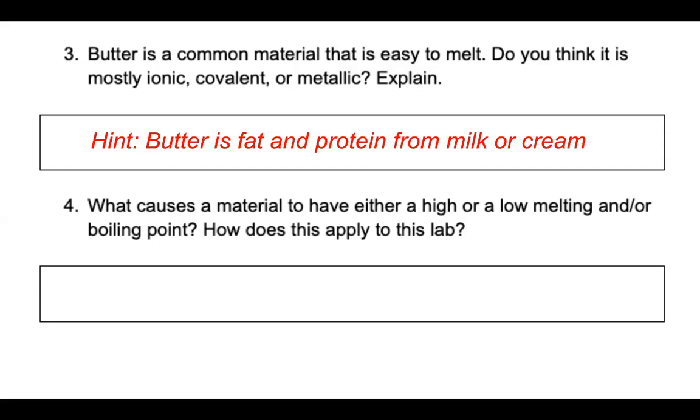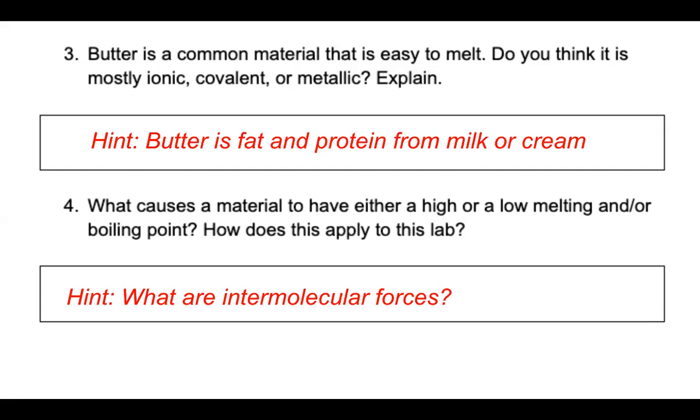And then last but not least, question number 4 asks, what causes a material to have either a high or a low melting and boiling point? And how does that apply to what we saw? Well, that's going to go back to something that we discussed earlier today called intermolecular forces. It doesn't tell you whether you've got a strong or a weak bond, for instance. Think about our example today, nitrogen gas, N2, a really strong, strong triple covalent bond.